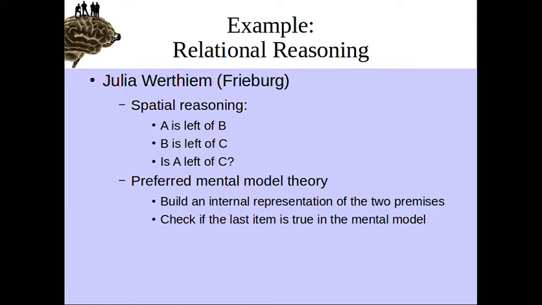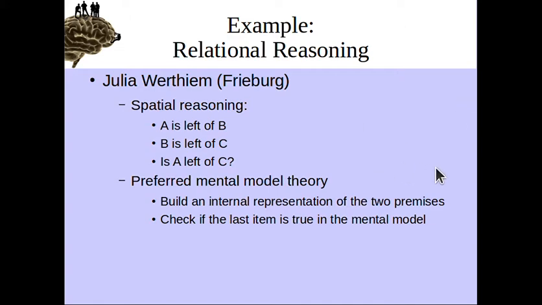So the preferred mental model theory, the idea that you're coming up with just one internal mental picture of where things are, might lead to believing things that aren't quite exactly true, because there might be more than one mental picture that would work given the ideas we're given. But if our goal is to model what humans are doing, then we want the system to do what humans do, and hopefully it'll make the same sorts of mistakes that people make.